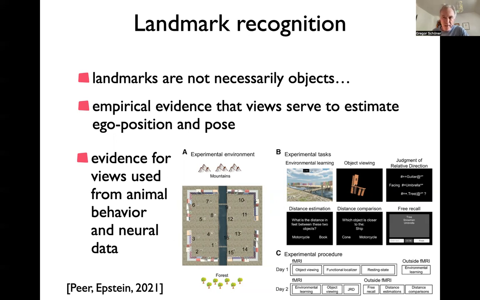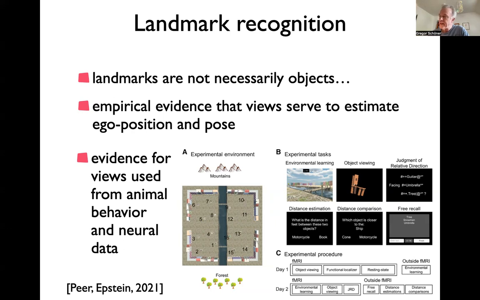Because we think of landmarks often as objects, this comes from the nautical tradition, where you're far from the object and recognize it, and you know where the object is on the map. When you navigate yourself in a city, you might recognize a particular house or the church or places like that. But actually, the term is used in a much more general sense.